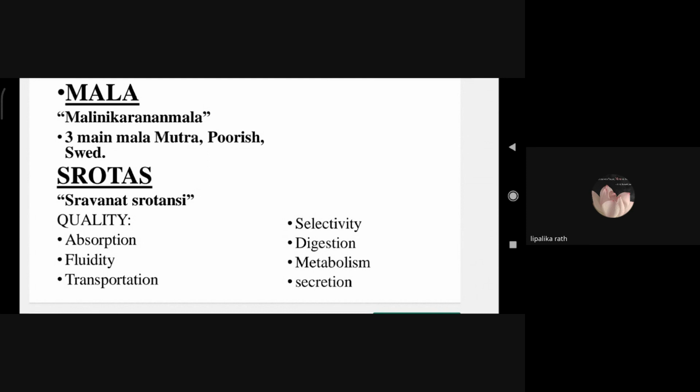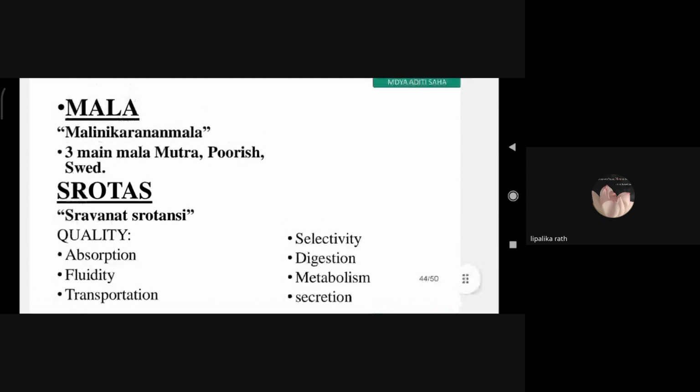If all the dhatus and all the agnis have performed well, then your body will receive oja from your food. With the help of oja, you are doing all the work. As much oja as your body contains, that much energetic you will be.